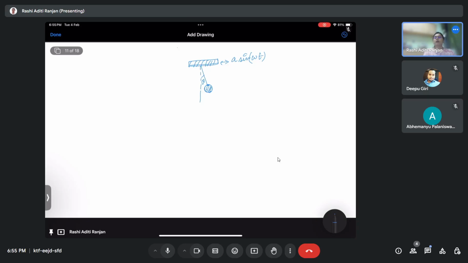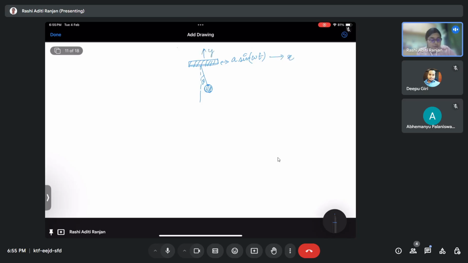What if I want to calculate this equation of motion? What is going to be the approach? I'll not solve it completely, I'm going to show you the approach. I'll have two displacements, one in the x direction and the other in the y direction.